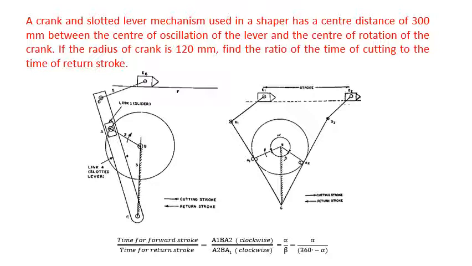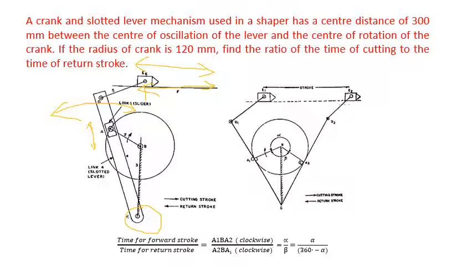Whenever this slider, link number 4, slides inside the slot, CD will oscillate with respect to point C. Therefore, we are going to get the cutting and the return stroke along this path.